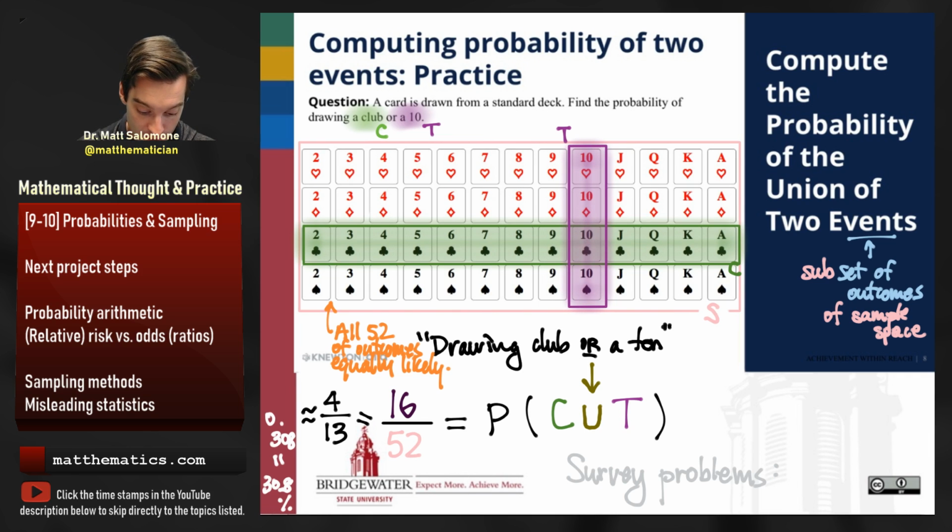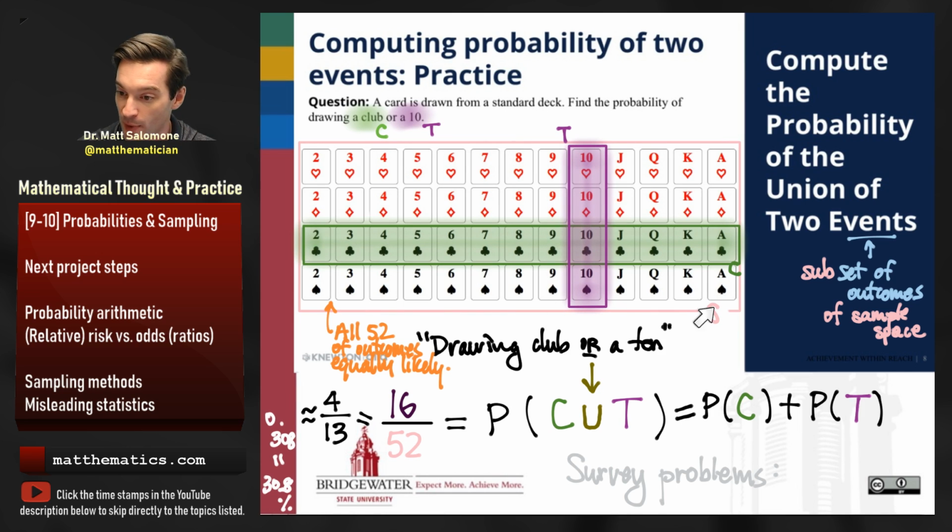And so how we can make sure that happens is that we can go ahead and count the number of outcomes that are in each one of those two sets. So tell me the probability of the set C, tell me the probability of the set T. Those are both going to have the same denominator of 52, and the numerators are going to be the number of cards in each of those events.